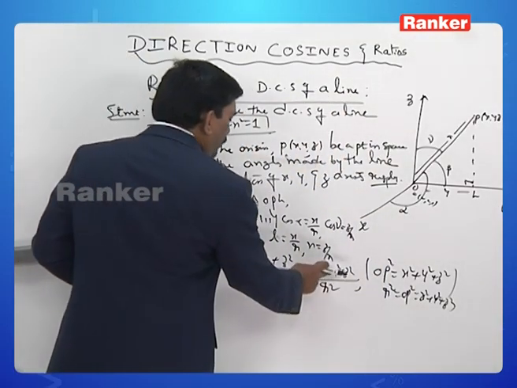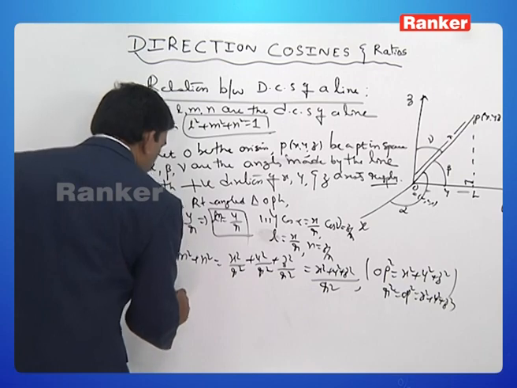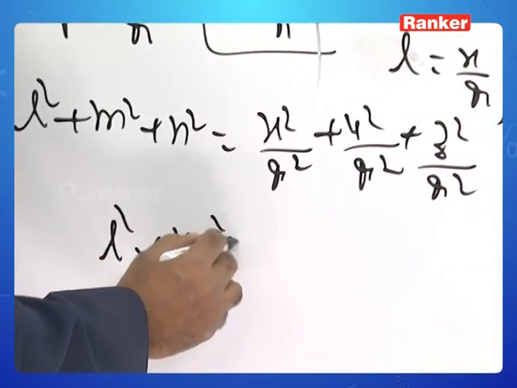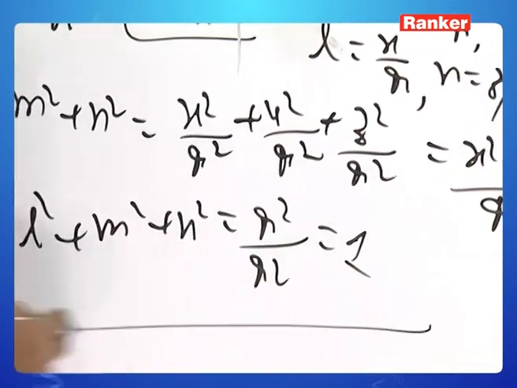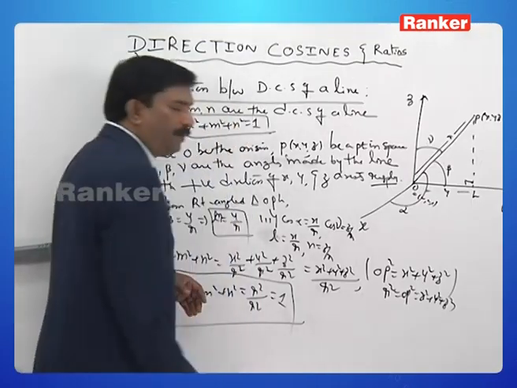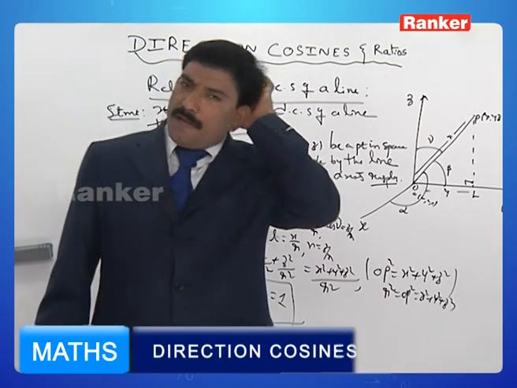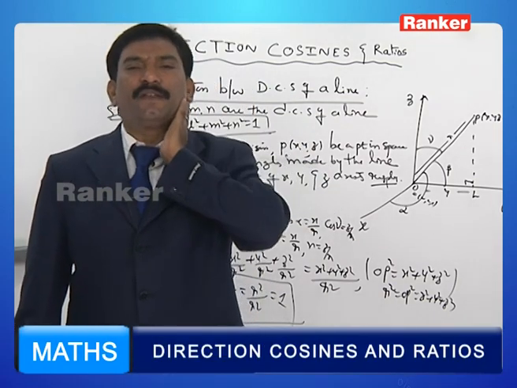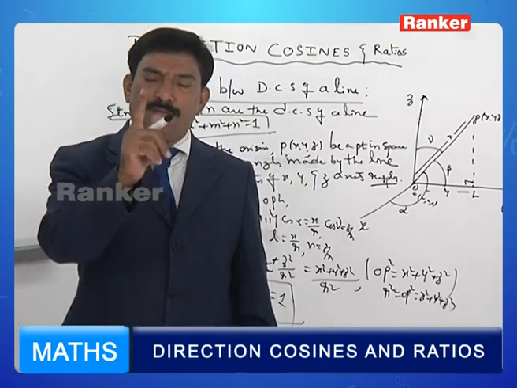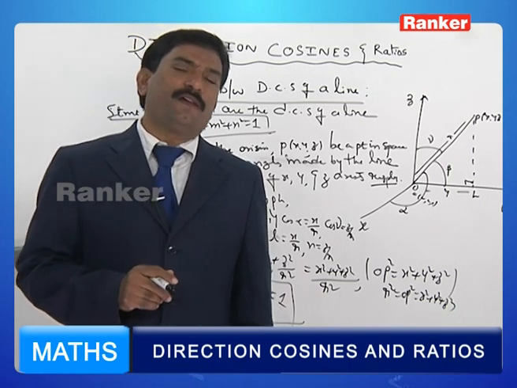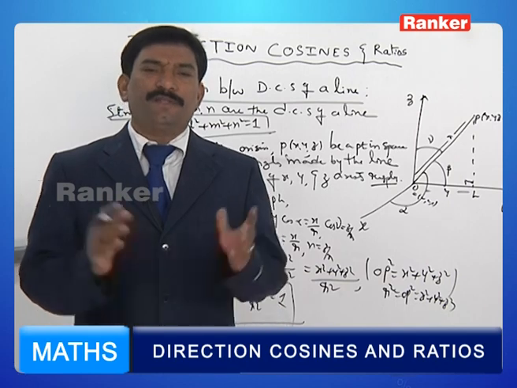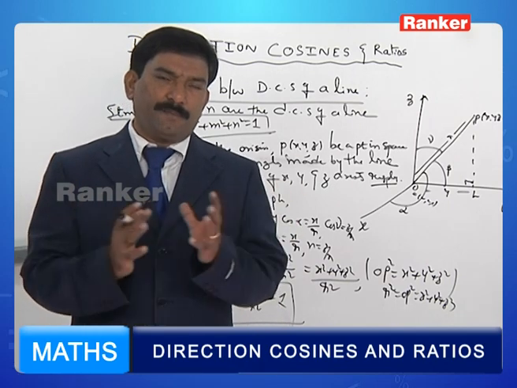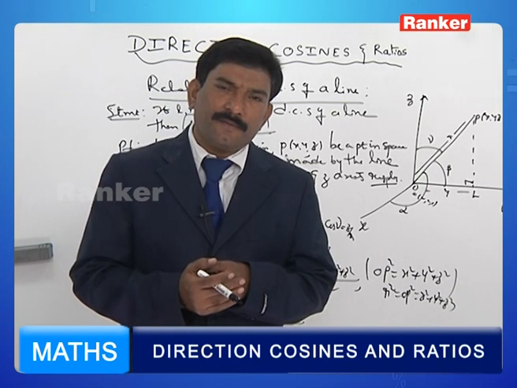So therefore, this is also r square, this is also r square, they cancel. l square plus m square plus n square is r square by r square, which is 1. Yes, we have proved the sum of the squares of the direction cosines of a line is equal to 1. That is, l square plus m square plus n square is equal to 1, that is, cos square alpha plus cos square beta plus cos square gamma is equal to 1.